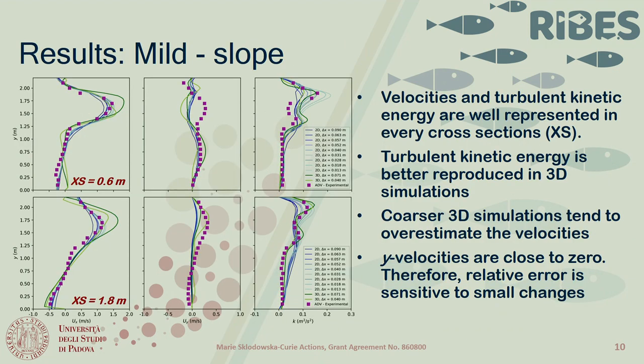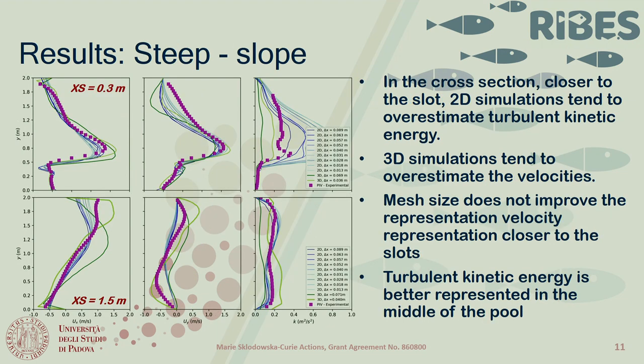So after we performed the simulations, we have undertaken validation, and as you can see here, the results of the mild slope, the green lines are the 3-dimensional and the blue lines are the 2-dimensional simulation, and it fits quite good. Both approaches work. However, when we performed the simulations in 2D, we discovered that the turbulent kinetic energy was extremely overestimated.